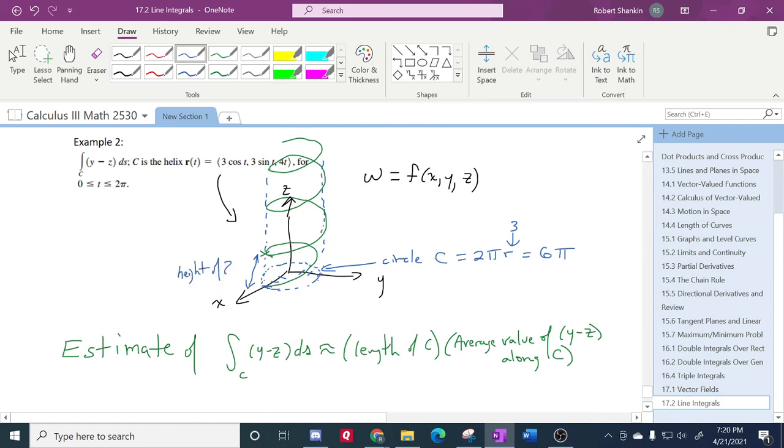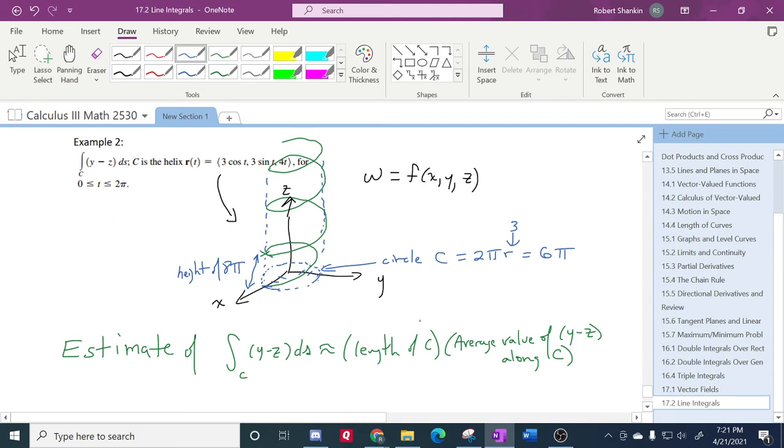Because the t at the end point is going to be 2 pi, plugging that in right over here, the height directly above there is 8 pi. Now, the blue circle down here is 6 pi, and then we've been increasing the height until we get all the way up to 8 pi.